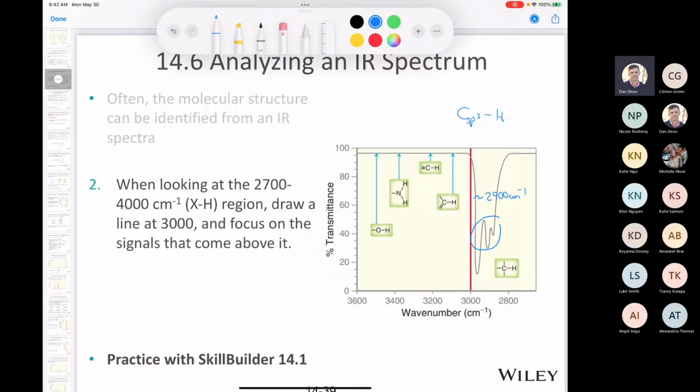However, once you get to around 3100, this is where you see carbon-hydrogen stretching between an sp2 hybridized carbon and a hydrogen. Around 3300, this is where we see sp hybridized carbon-hydrogen stretching.